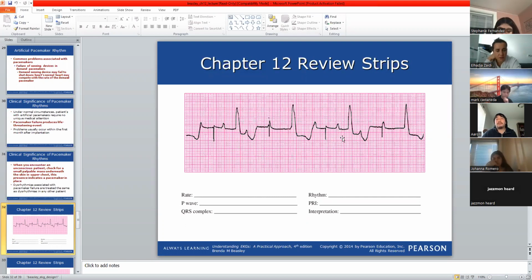Number three, if we had many P's followed by one QRS, this is not the case. So it is not type 1. It is not first degree. It is not second degree. It is what? Third degree. And what was the key I told you? QRS are wide. You got it? Very good.